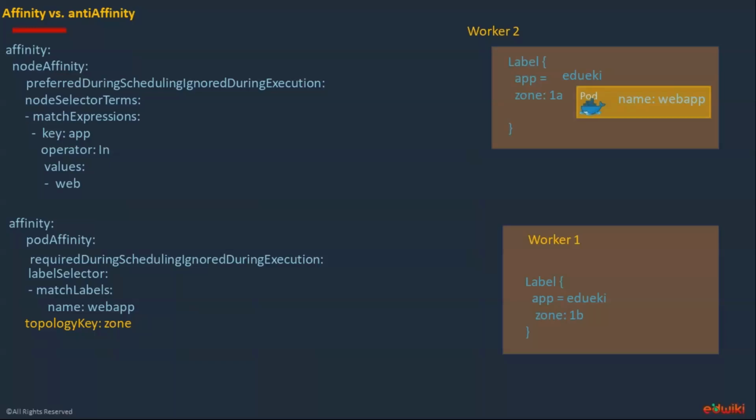First it will go and check for the existing pods, in which worker node the existing pods are there with the matching label that you are looking for, then it will select that one. Now in this case, your pod will be deployed into worker 2 because that is where it is already finding one pod running with the same label.